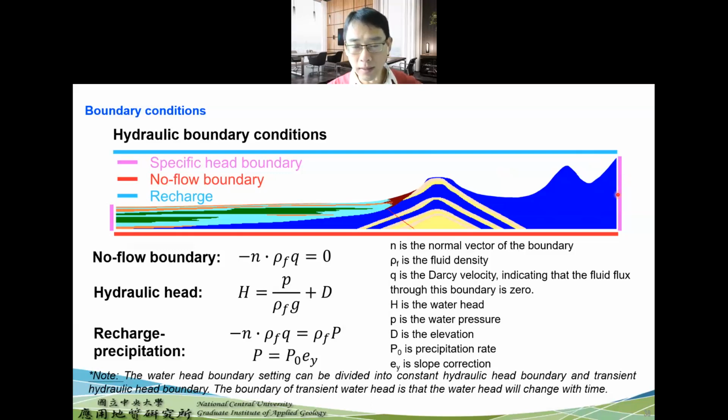On the right hand side and left hand side, we're using the specified head because we have some observation points and use some assumptions, because on the right hand side we do not have observations. So we try to use an assumption to do the settings. And the bottom is no flow. We assume there's no flow, so the water cannot penetrate. Okay, so there are some assumptions.